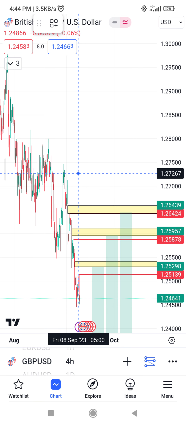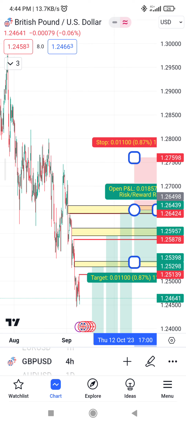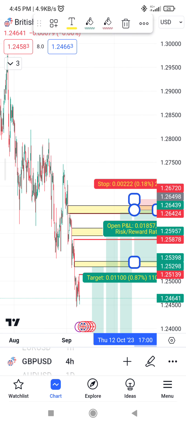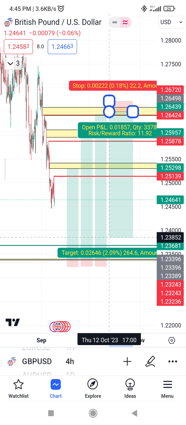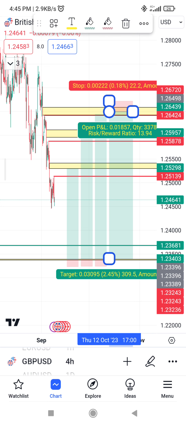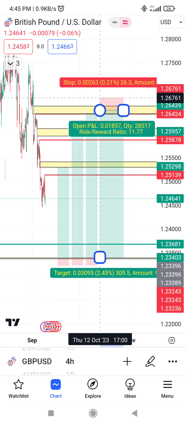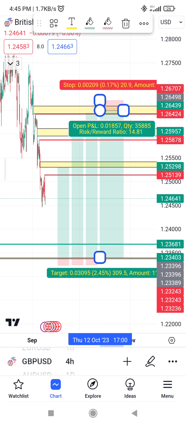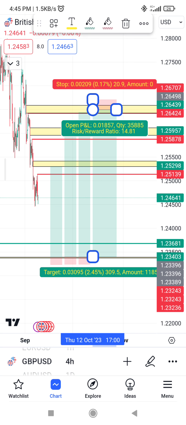Depending on how the market is going to open next week, if it goes up, I'll be expecting a sell from here, and my take profit is going to be here.